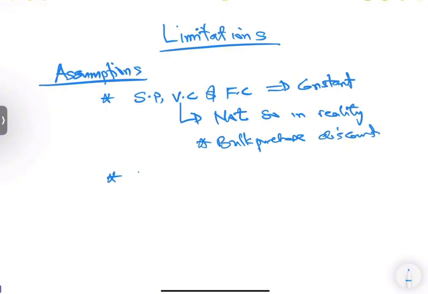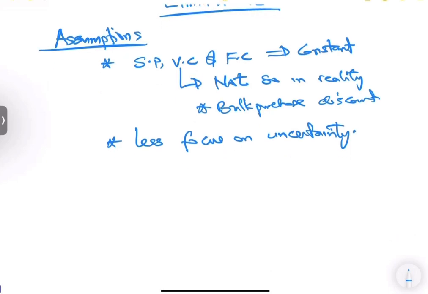Also, it doesn't do enough justice to uncertainty. Yeah, margin of safety a bit, but not enough. Margin of safety is not enough for risk management. Plus, look at the assumption of constant mix: is that always going to be so?